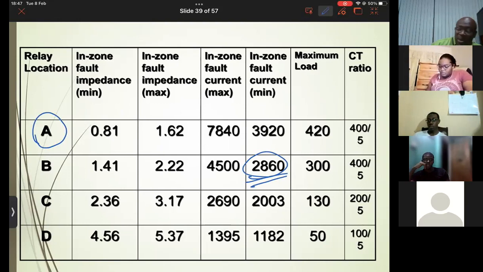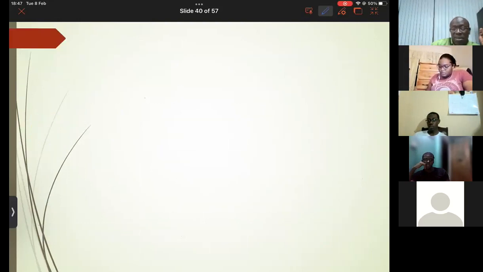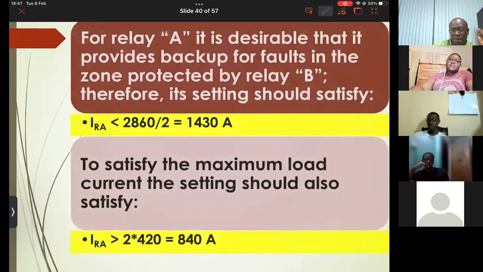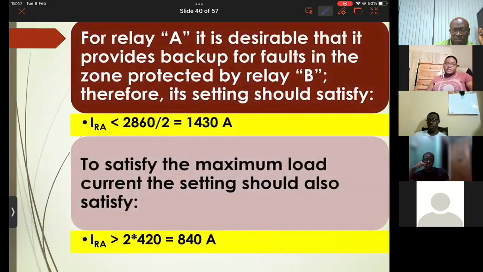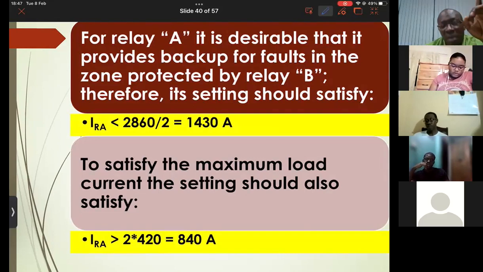So let me try to put that in. Well, I have put it in writing. So here it is. It must provide backup for faults in the zone protected by B. It's not going to override B, you know. But it will back up B. So it's setting.